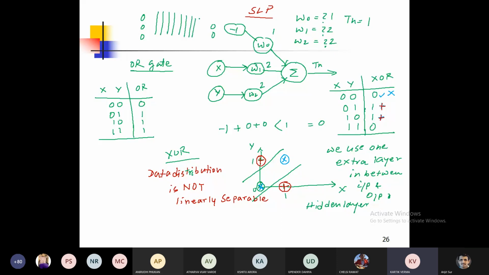These are called hidden layers. A problem that cannot be done by one single line, that is by SLP, because two lines are required, can easily be done if you add an extra layer.